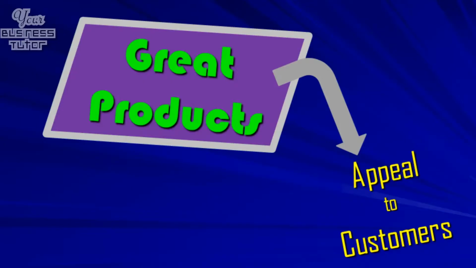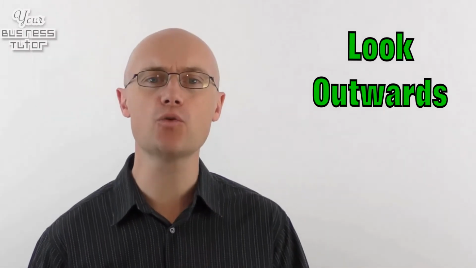But here, each division is focused on providing great products and services that appeal to customers. This means each division will look outwards to find out what their customers want, so that the products they sell will have a much better chance of selling well.